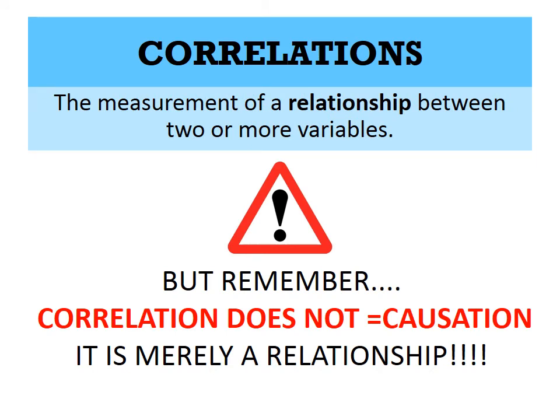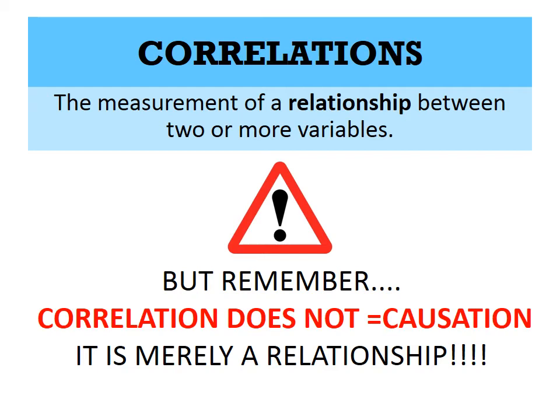Now, don't worry, we're going to go over that in more detail, but the key thing you need to take from this lesson is that a correlation does not mean a causation. So it is not telling us about a cause and effect, it's telling us about a relationship. So when we look at correlations in psychology, we cannot draw any definitive conclusions because they are just relationships.